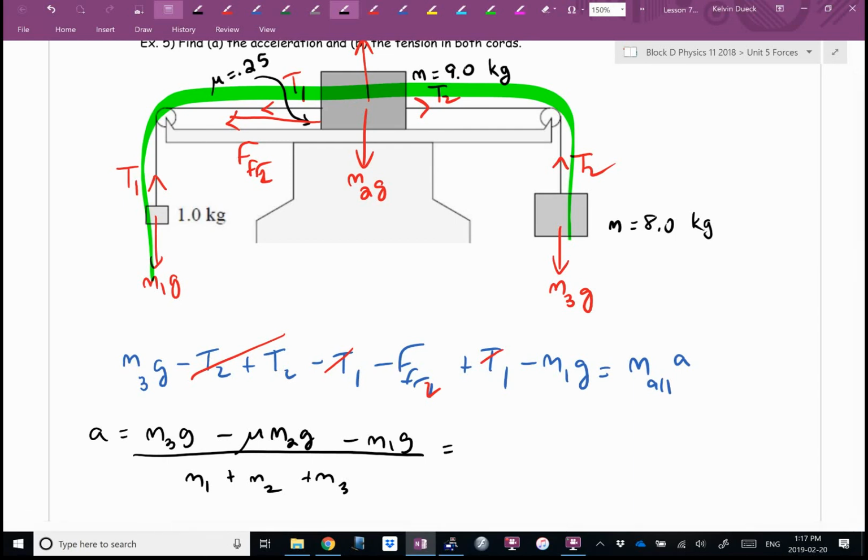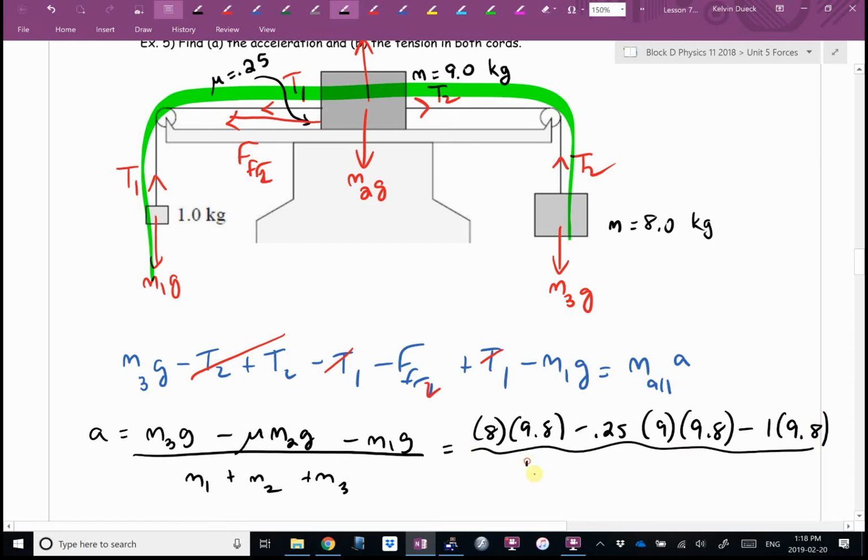Kenley, M3G, 9.8, minus 0.25, 9.8, minus 1 times 9.8, all over 1 plus 9 plus 8.